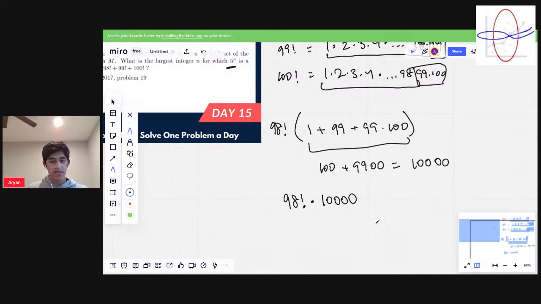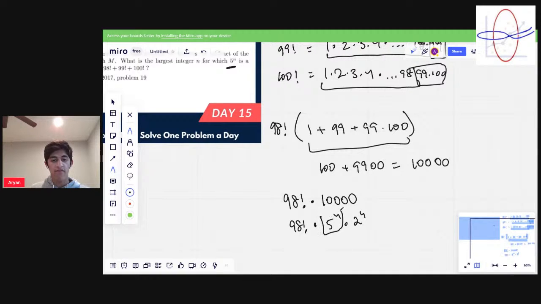The 10,000 part is easy: 10,000 is just 5 to the 4th times 2 to the 4th. So we have 5 to the 4th in 10,000. The hard part is figuring out how many 5s divide 98 factorial.